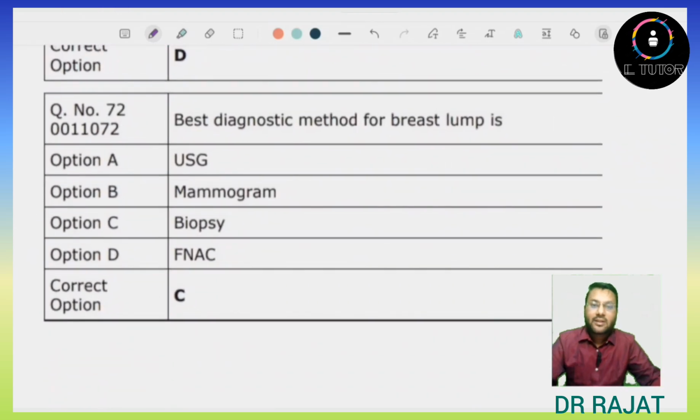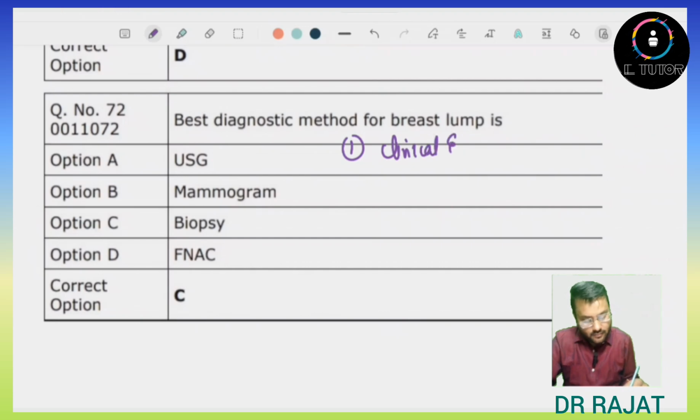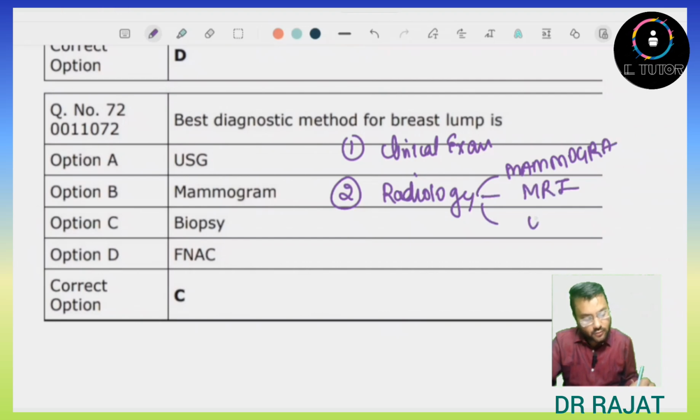Best diagnostic method for breast lump is, so there are some modalities which are used for the breast lump. One is clinical examination. Then we do radiology, in which we can do mammography, MRI, and ultrasonography.